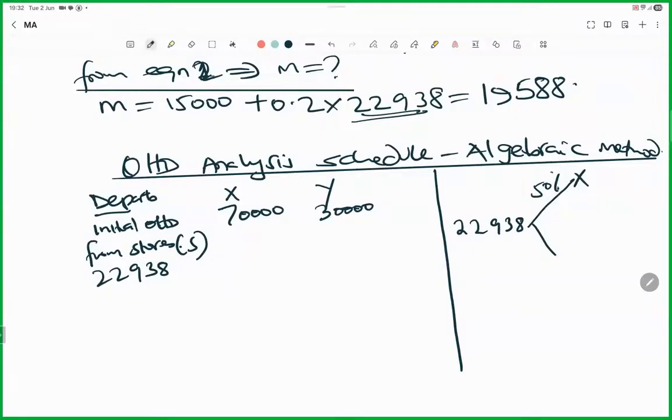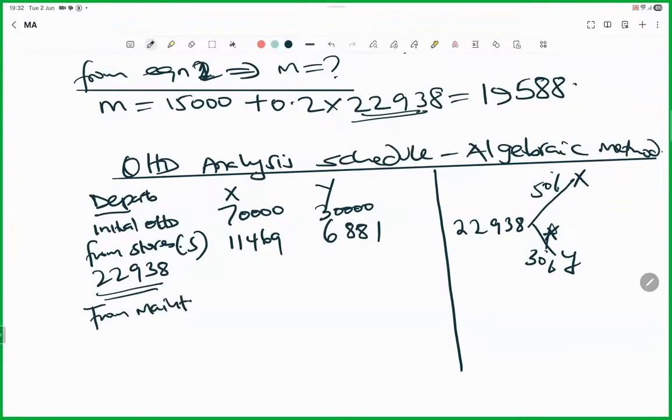How about Y? 30%. So what is 50% of 22,938? 11,469. How about 30% of 22,938? 6,881.